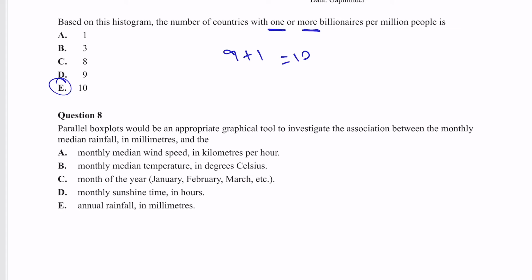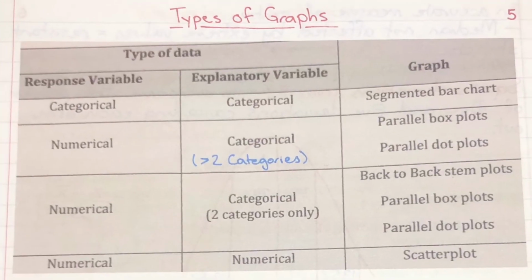Question 8. Parallel box plots would be an appropriate graphical tool to investigate the association between the monthly median rainfall in millimeters and the what. So there's a really important table that you should have in your notes, and I'll have it here. Types of graphs. So basically, this shows where parallel box plots are appropriate to be used. So we can see here that in numerical, in the second row here, numerical and categorical, where there's greater than 2 categories, parallel box plots are appropriate to use, as well as numerical and categorical with 2 categories only.